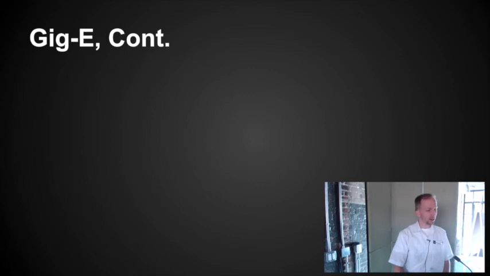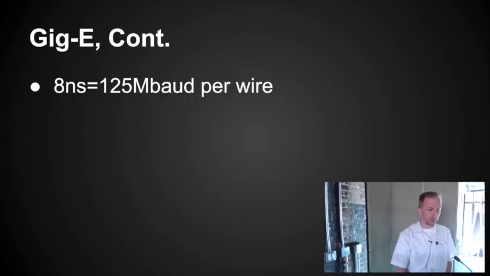Gigi continued. So that 8 nanosecond slice means that 1000BASE-T Gigi runs at 125 megabaud. And I wanted to say megabaud because that's such a cool word to say. Megabaud baseband signaling. What that means is 125 million pulses per second.